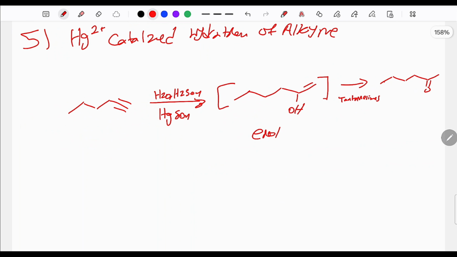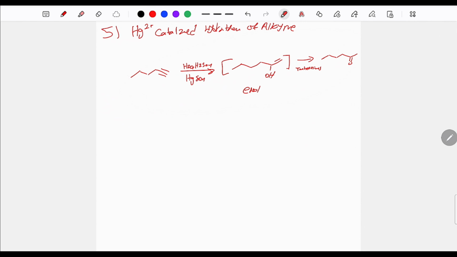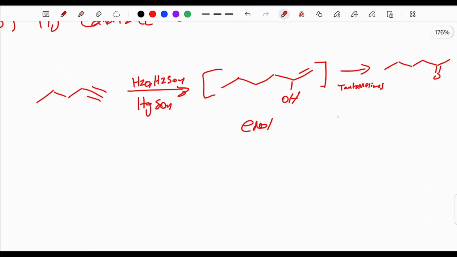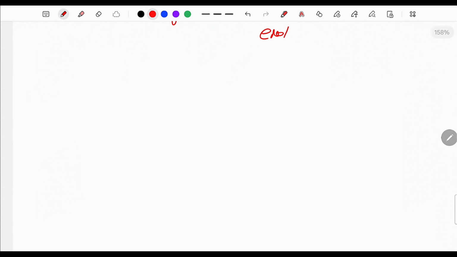Now, why does this occur? What is the mechanism behind this? Let's take a look at it. There is a tautomerization, and by the way, tautomers are a specific kind of constitutional isomer. The mechanism actually resembles that of oxymercuration of alkenes a little bit.